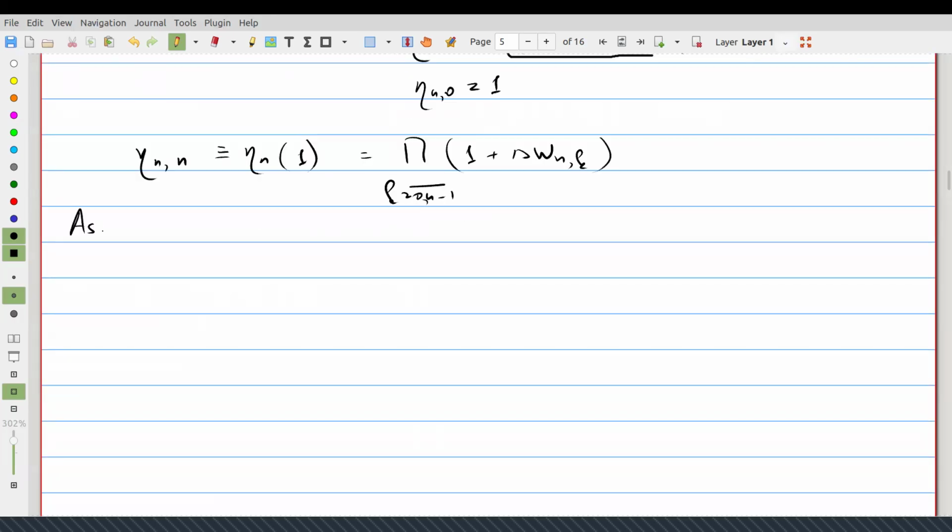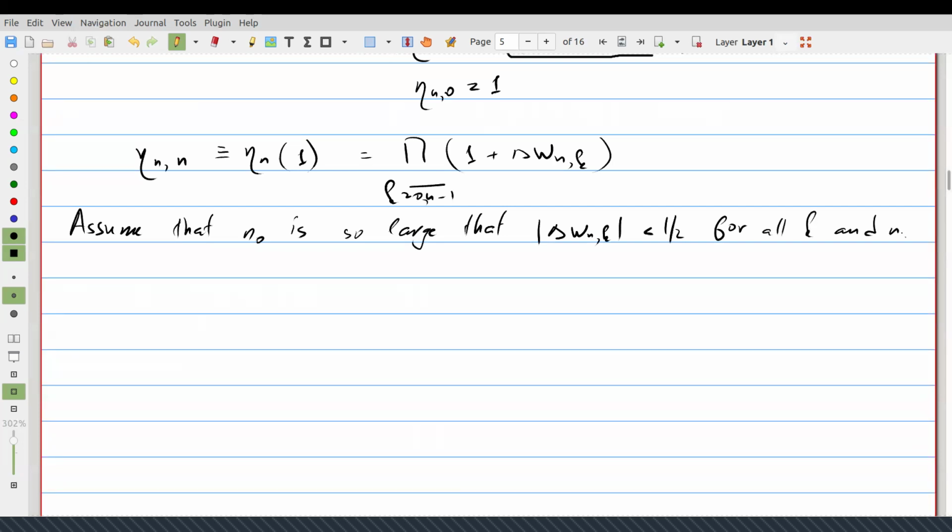Now, let us assume that n0 is so large that all these are very small for all k and n.